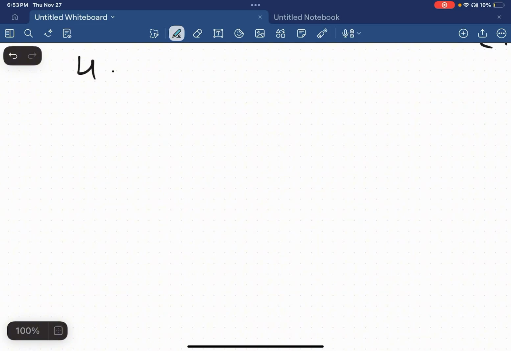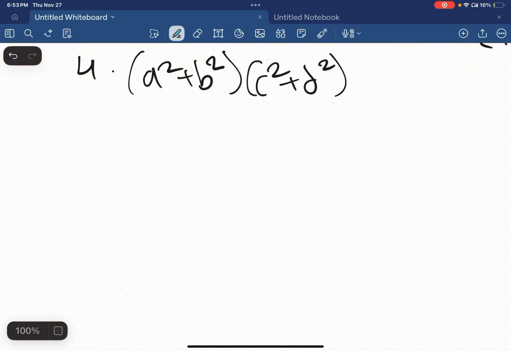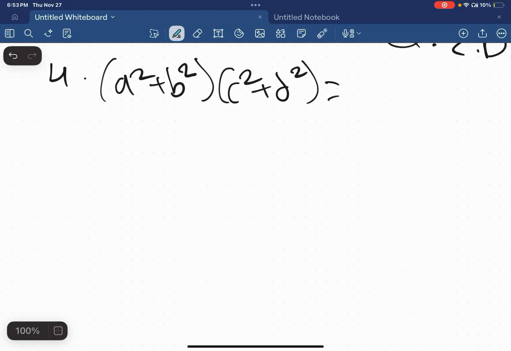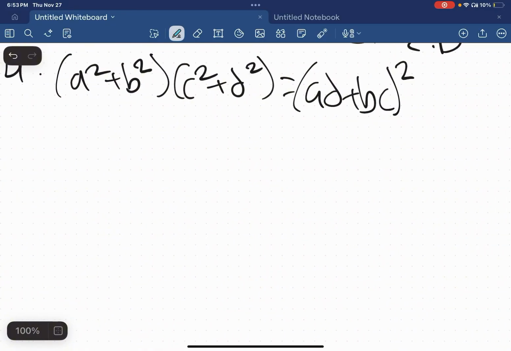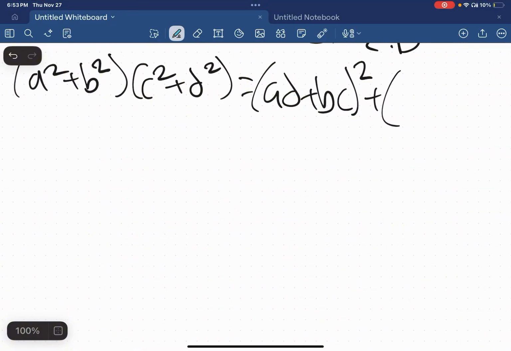Number 4 is asking us to show this whole conglomerate of an equation. A squared plus b squared times c squared plus d squared is in fact equal to AD plus BC squared plus, how did minus get in here?